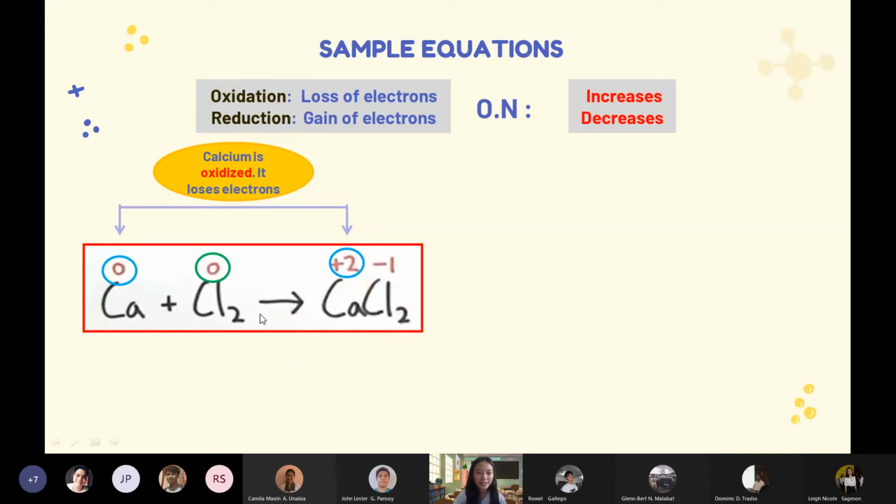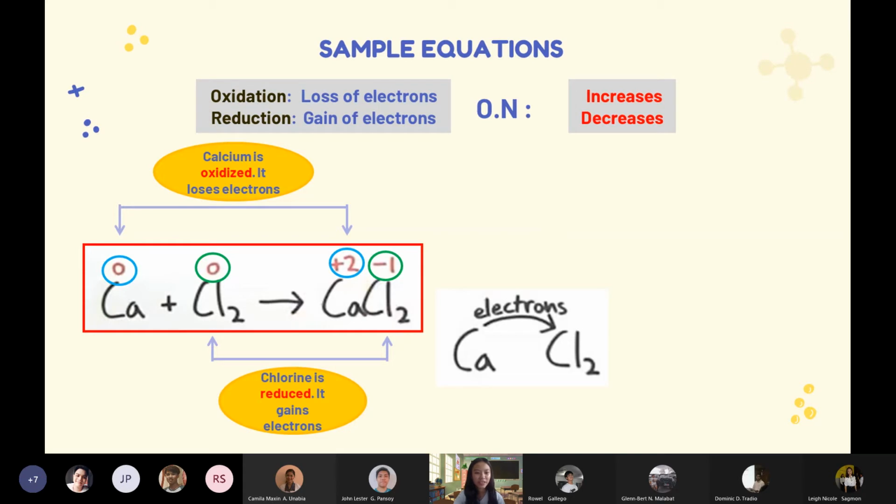And for this chlorine atom, from 0 to -1, obviously it decreases. So reduction happened. Chlorine is reduced. It gains electrons. Basically, calcium is giving its electrons to chlorine.